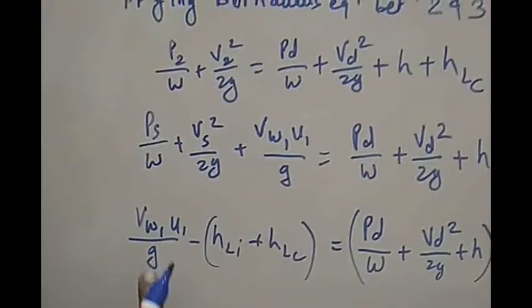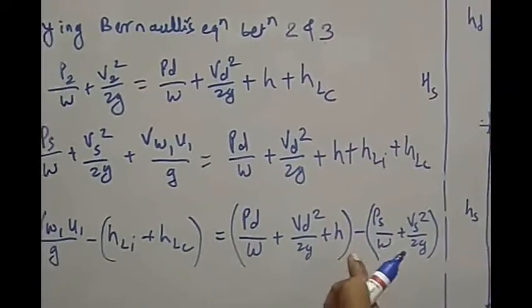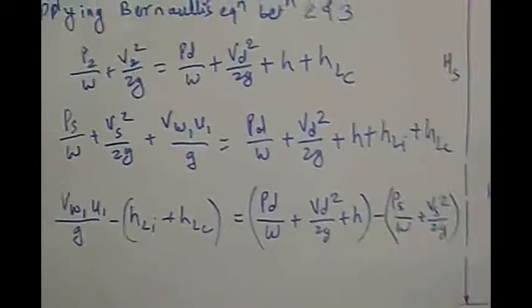Okay, so after rearranging, I'll get Vw1 U1 by g minus these losses, which I am taking on the left hand side, equal to Pd by W plus Vd square by 2g plus h, as it is, minus Ps by W plus Vs square by 2g on the other side.